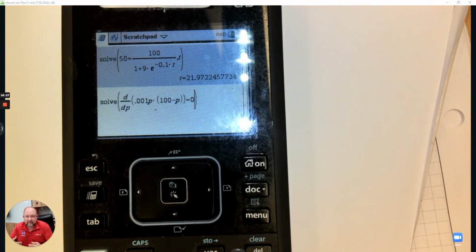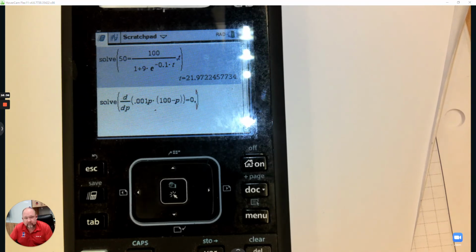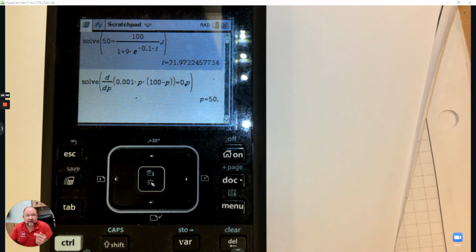So to know when it's a maximum value, when it's growing the fastest, we take the derivative of that derivative equal to 0 and then comma p. And look at that. So the answer is 50.